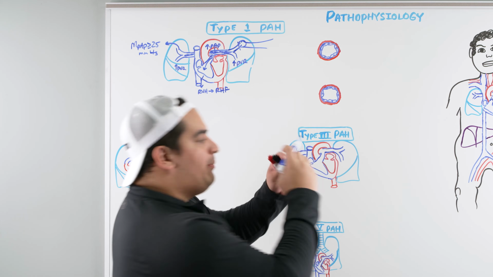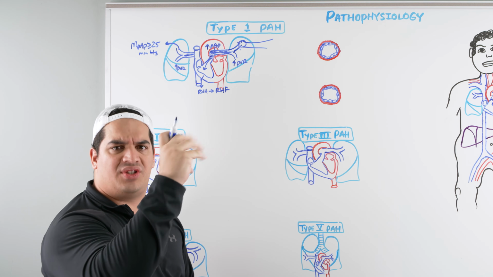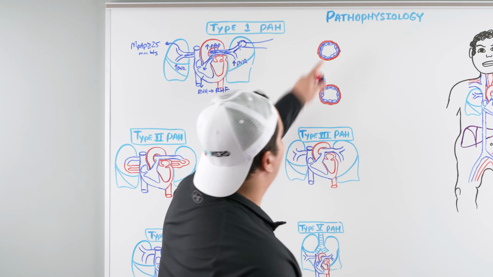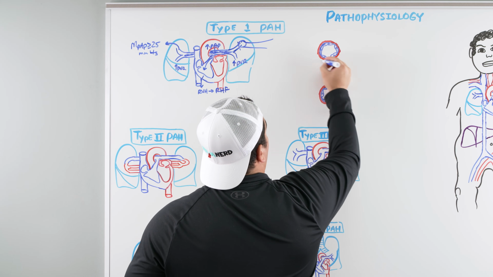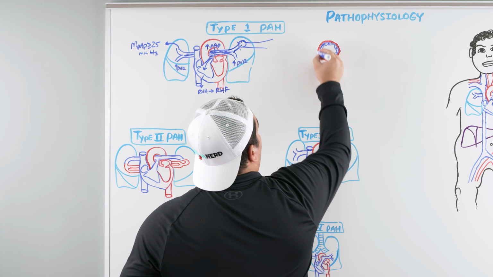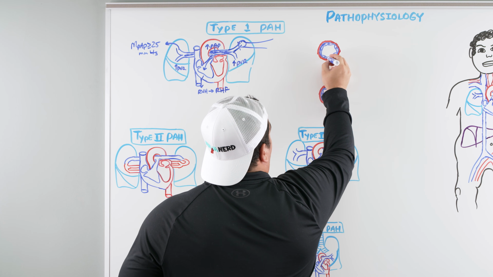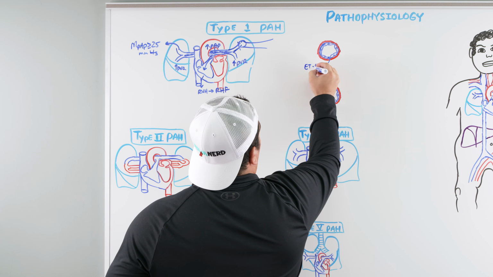Naturally, to keep our vessels dilated or constricted, there's a homeostasis between vasodilation and vasoconstriction. On this top one, we have these endothelial cells, which are in blue, and this is the smooth muscle around it in red. These endothelial cells can make a particular chemical called endothelin 1.